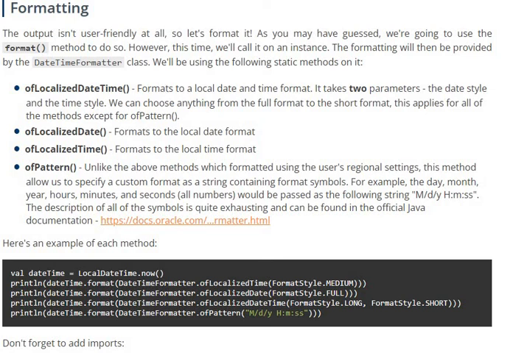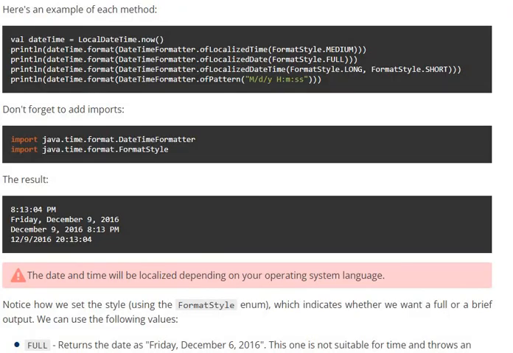So we are specifying the format method here. Look at that format method, DateTimeFormatter.ofLocalizedTime, and you specify the format style. Here FormatStyle MEDIUM, FULL, LONG, SHORT, and the pattern MDYHMSS. We need to use import statements here for DateTimeFormatter and FormatStyle. Let's see the result.